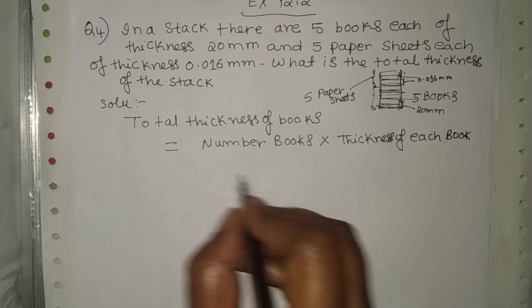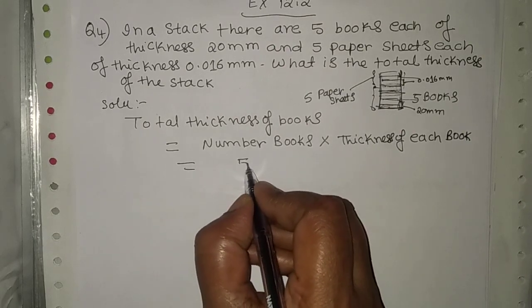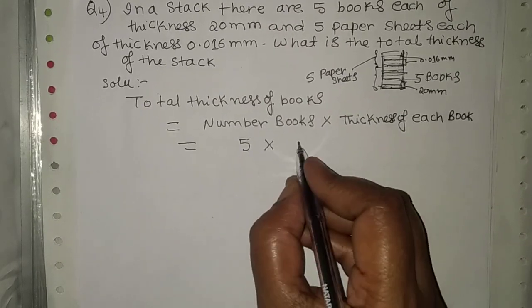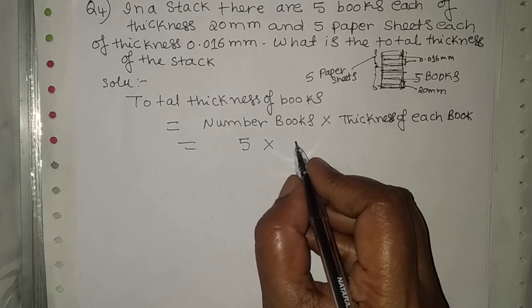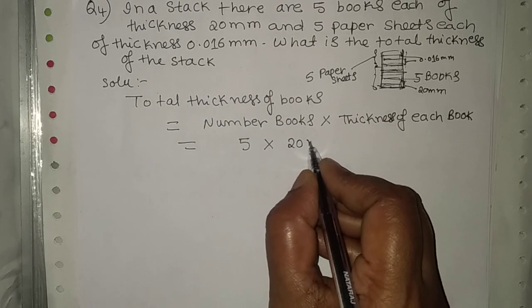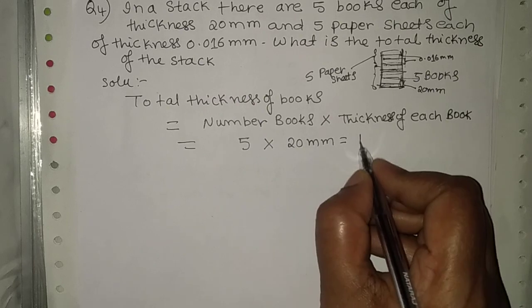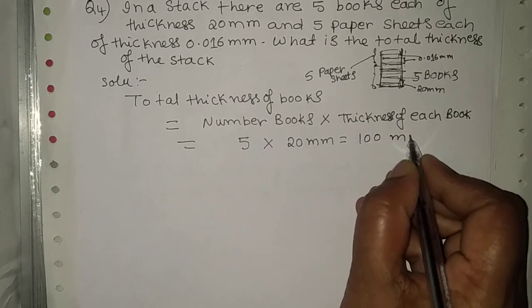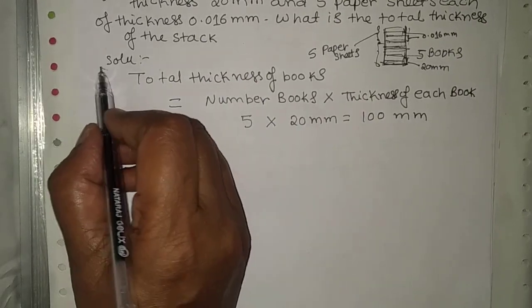What is the number of books we have? 5 into the thickness of each book, 20 mm, which is equal to 100 mm. This is the first part of the question.